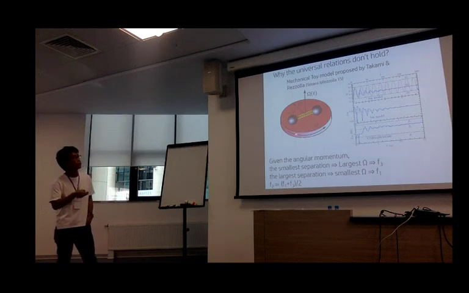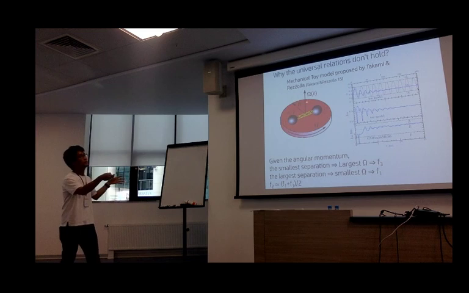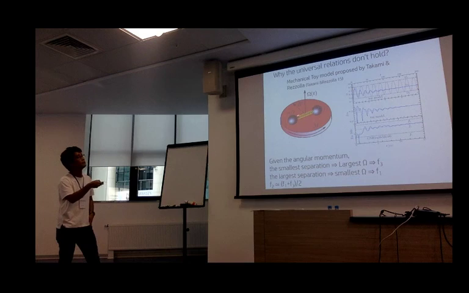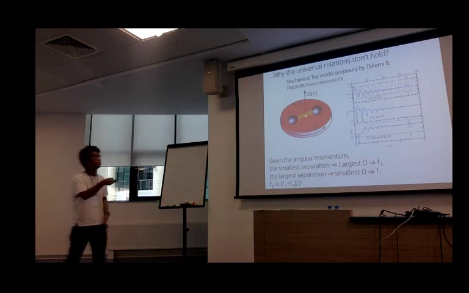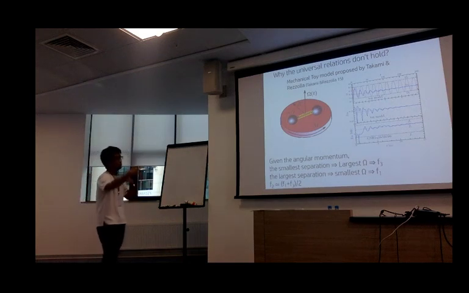This is a schematic picture of the mechanical toy model. You have a rotating disk with orbital angular velocity omega, and you have two spheres which rotate with the disk. But these two spheres are connected with a spring, so they are free to oscillate.